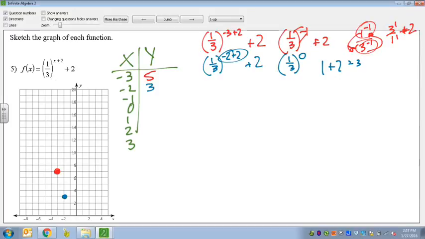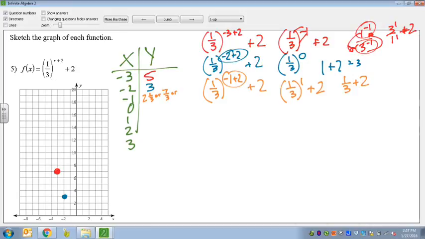Okay. All right, let's plug in -1. So 1/3 to the -1 plus 2, plus 2. -1 plus 2 gives me 1, and 1/3 to the first power is still 1/3. So 1/3 plus 2 is 2 and 1/3. Or, if I'm doing improper fractions, it would be 7 over 3.